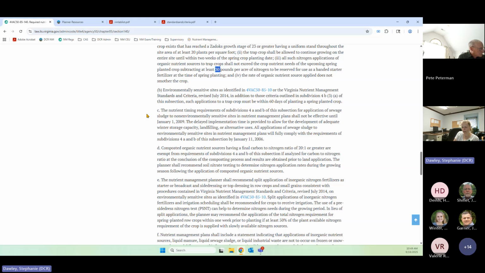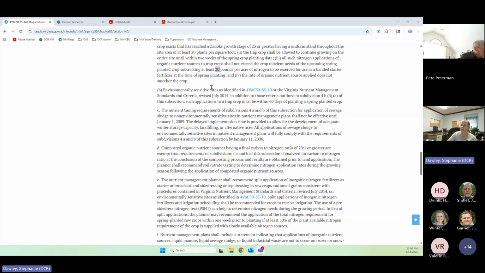So if you are working with a farmer who wants to do manure applications in the fall, you really want to jump into this section before you start making those recommendations, just so that you know this 30-pound caveat and this 60 days before planting if it is an environmentally sensitive site, that you couldn't do the 90 days or even in that fall, which would be almost 6 months before planting.